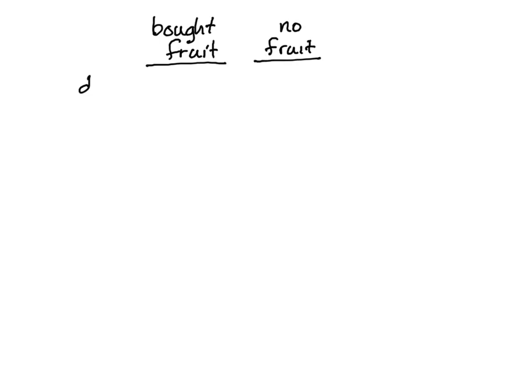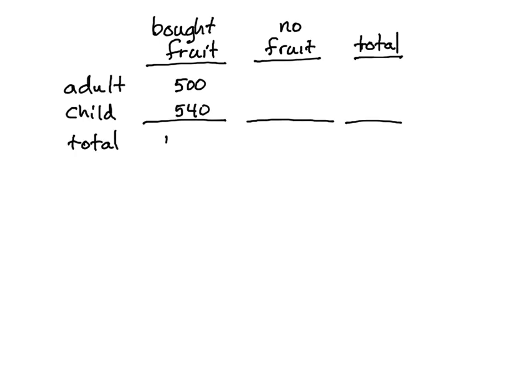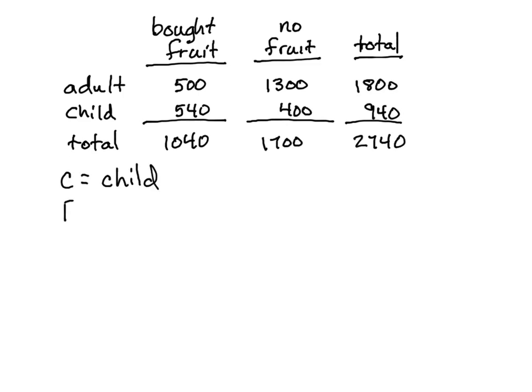Okay, so if we have people who bought fruit and didn't buy fruit, adults and children, let's say we have these numbers just made up to show what we have in this particular illustration. So we would read this that 500 adults bought fruit, 1,300 adults didn't buy fruit, so there was a total of 1,800 adult customers.